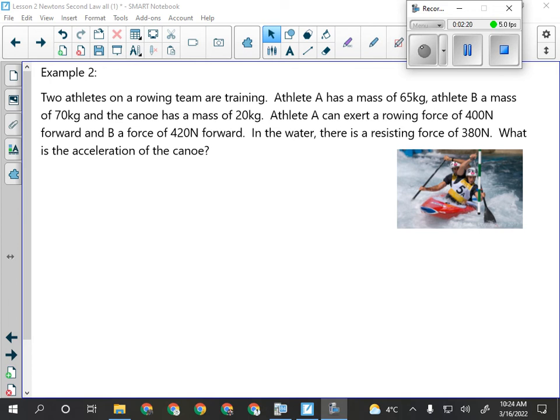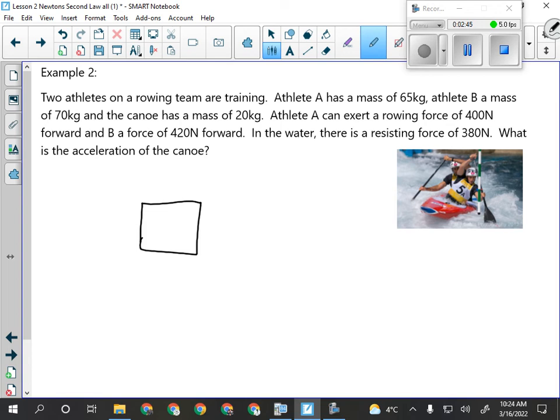Okay, so with this one, we've got our mass. How much mass is being accelerated? 155 kilograms. We have the 2 athletes and the canoe. The common mistake that I see here is people just put 20 kilograms in there because they just do the canoe.